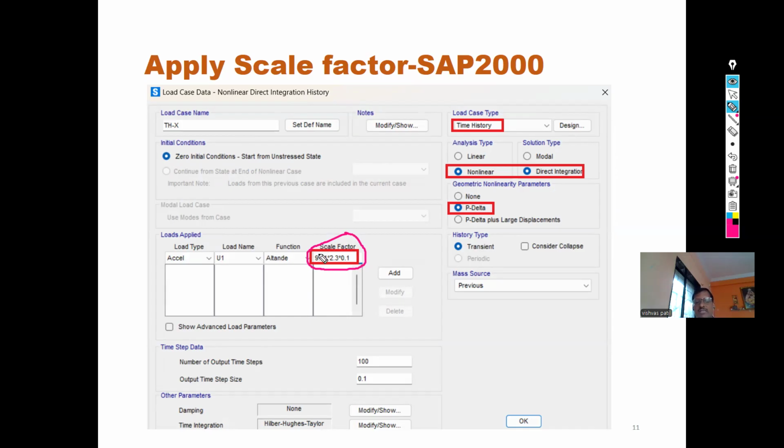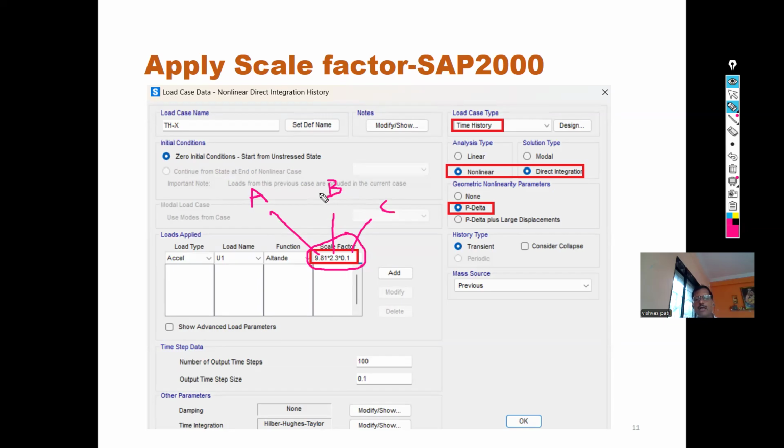Now there are three numbers. First is 9.81. We will call this scale factor A. Second is 2.3. We will call this scale factor B. And third is 0.1. We will call this scale factor C. Now I will explain what A, B, and C are.